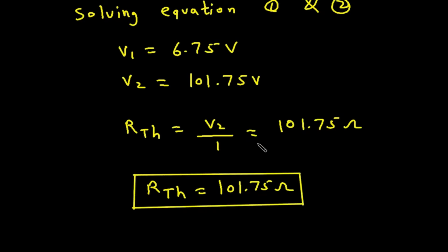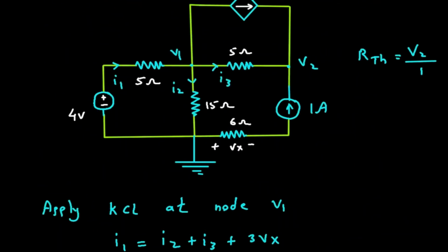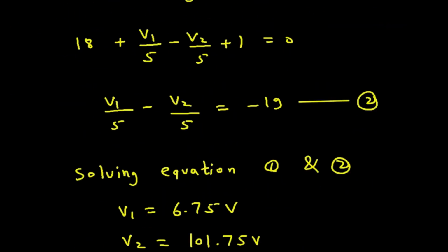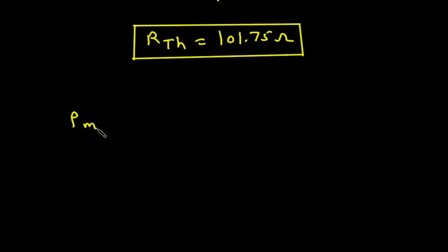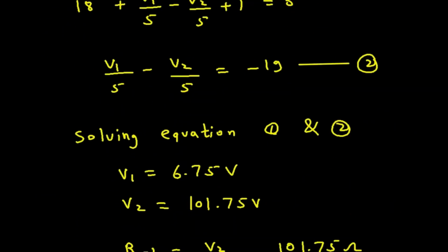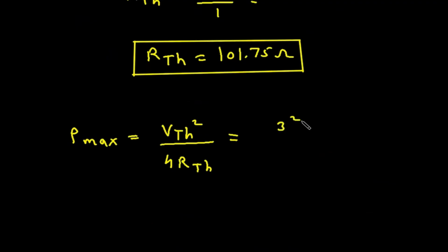Now we have the value of RTH and VTH, so we can find the value of Pmax. Pmax is equal to VTH square divided by 4 RTH. So VTH square is 3 square divided by 4 into RTH. RTH is again 101.75.